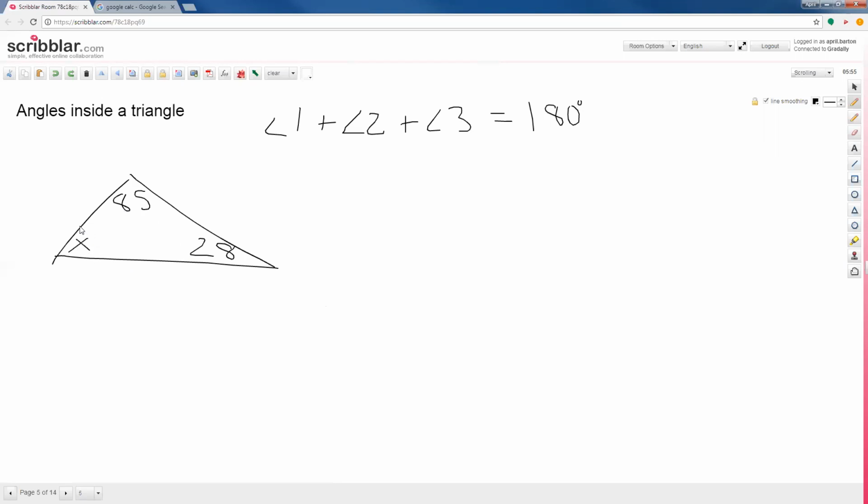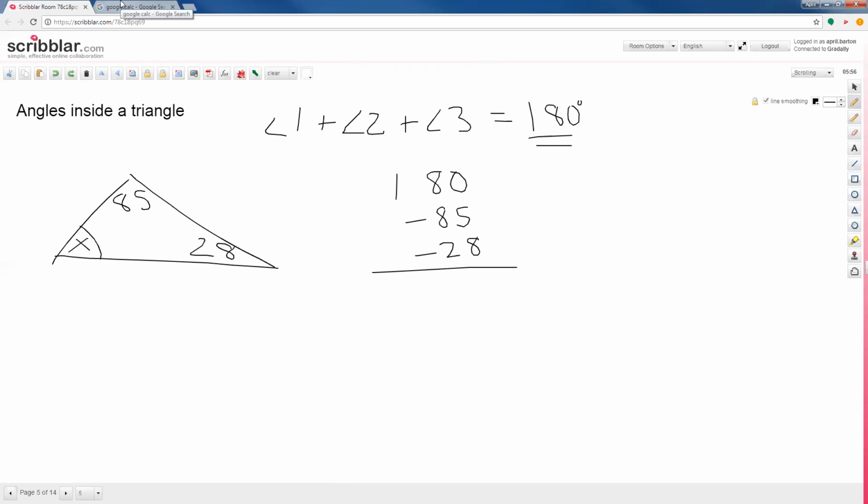So if we want to find a third angle when we know two others, and we know it's supposed to equal 180 total, what can we do to find that third angle? Subtraction. Good. If we subtract the two numbers we already have from the total amount, that gives us our last angle.